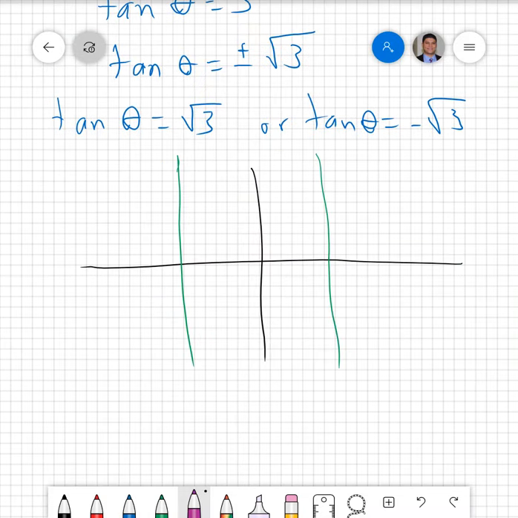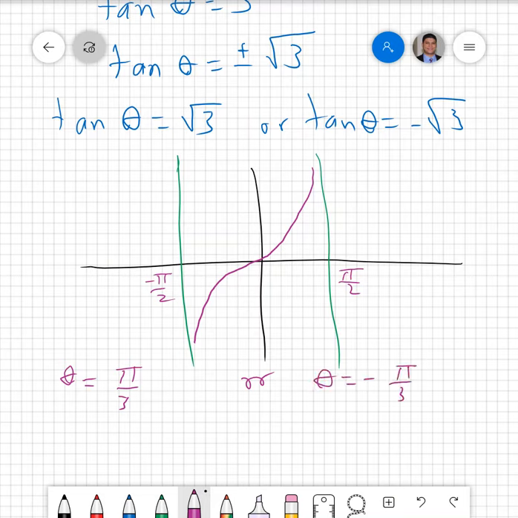This is clear. And as we know that tan has period pi, we need to find the solution in any interval, then we can add multiples of pi. So in this interval, theta here equal pi over 3 or theta equal negative pi over 3.